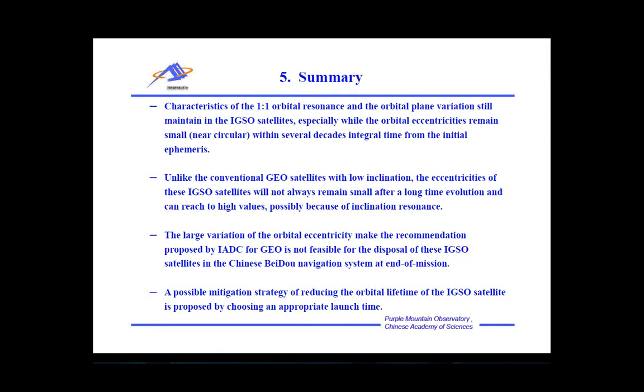And unlike conventional GEO satellites with low inclination, the eccentricities of these IGSO satellites will not always remain small after long-term evolution, and they can reach very high values. It's possibly because of inclination resonance.